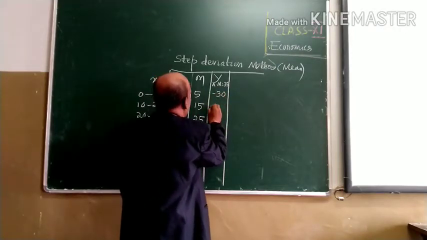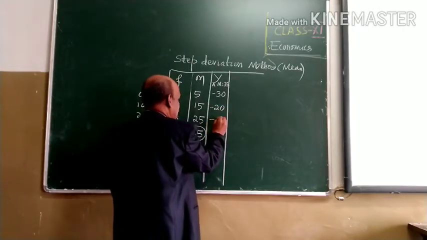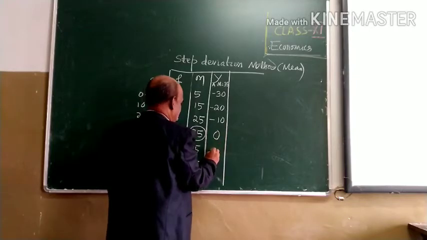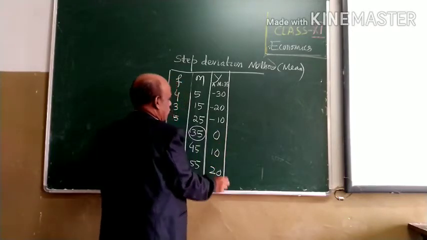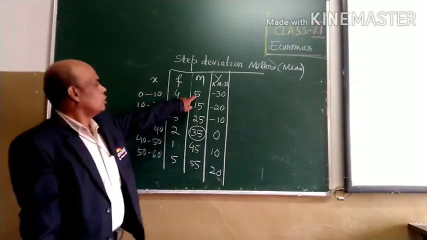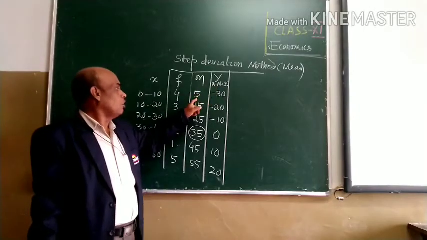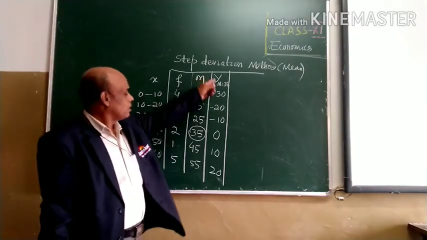Similarly here we got minus 20, here minus 10, here 0, here 10, and here 20. We have done this number minus assumed mean, so that we get this column.